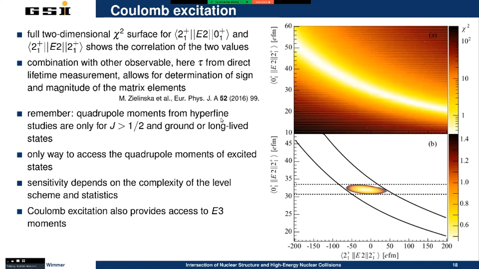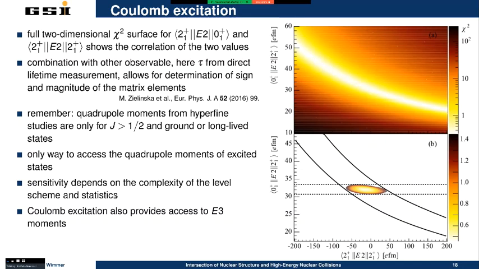Long-lived means milliseconds or so. And the lifetime of typical excited states in nuclei is picosecond, femtosecond. So there's no way to do atomic spectroscopy on these. So this Coulomb excitation method is the only way to access the quadrupole moments of excited states.